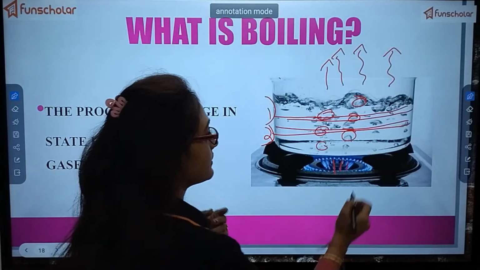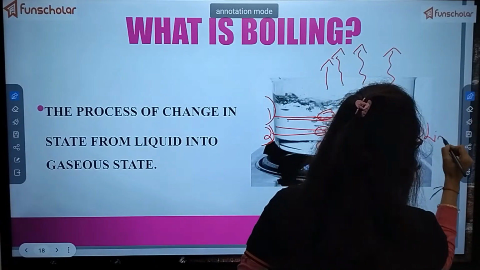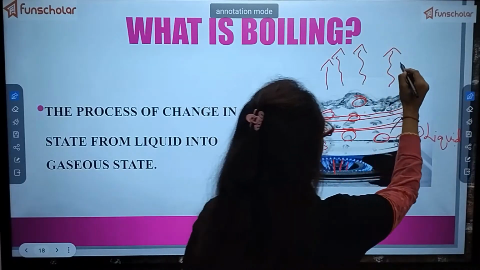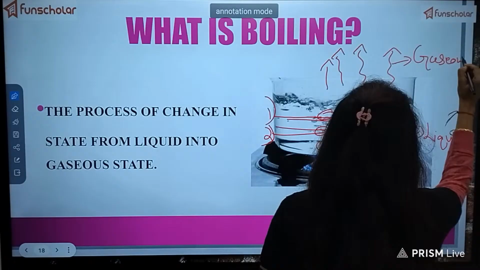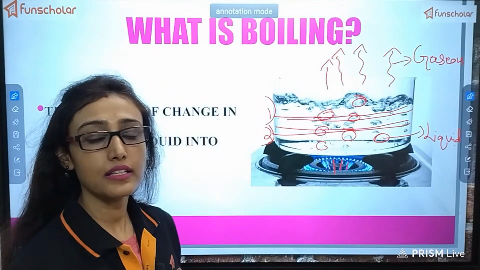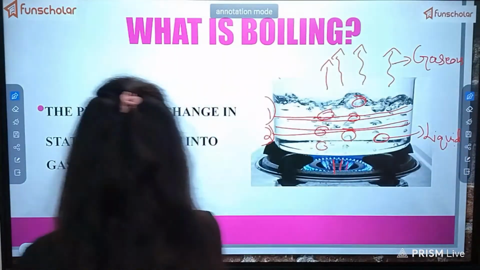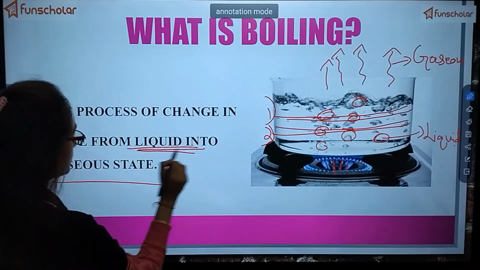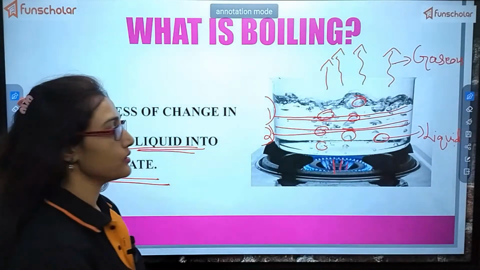So what is boiling? This state is the liquid state, obviously. And when the gas is formed, it forms the gaseous state. So boiling is nothing but a change of state of matter from liquid to gas. From liquid to gas. Understood?